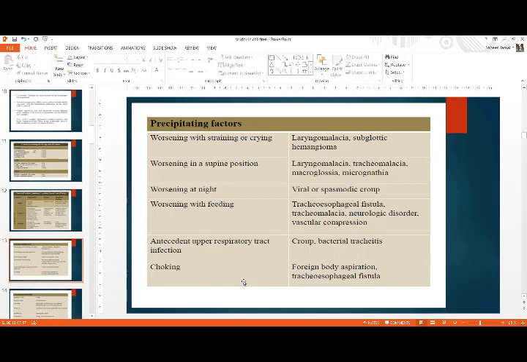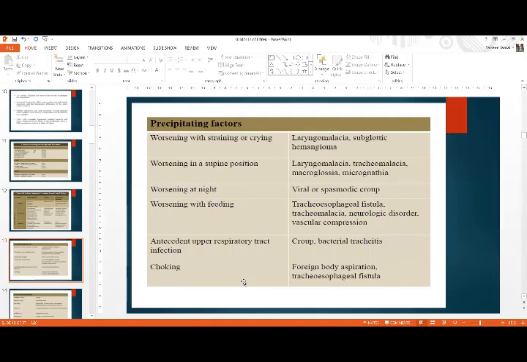And if the mother gives the history that stridor gets worsened at night, then the viral or spasmodic group is the cause. If the worsening is observed with feeding, every time the child is given feed, the mother says that this sound gets worsened, then we have to consider tracheoesophageal fistula, tracheomalacia, neurological disorders, and vascular conditions.